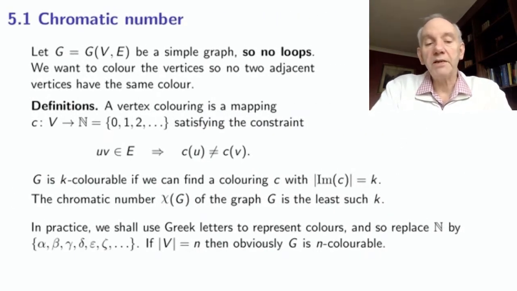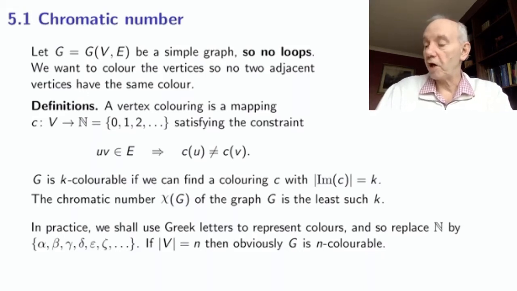Now, in practice, I may occasionally use colours if, say, we only need 3 or 4, but normally if I'm writing colours by hand, I'll use Greek letters to indicate the colours. So rather than 0, 1, 2 and so on, I'll be using Greek letters, but you can think of the numbers as corresponding to the initial letters of the Greek alphabet.